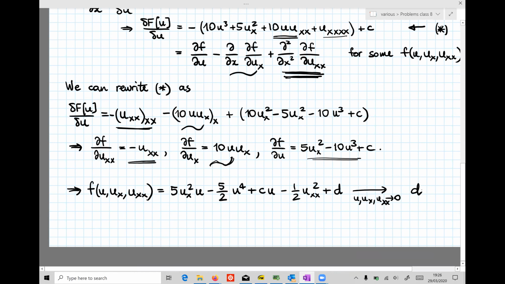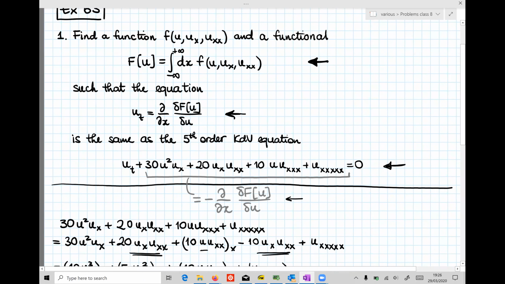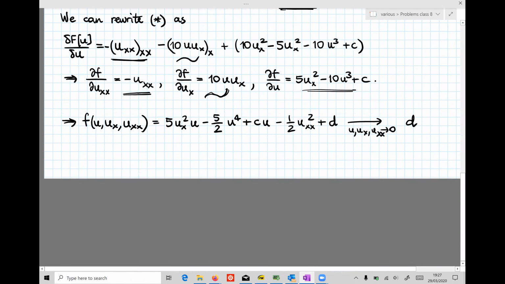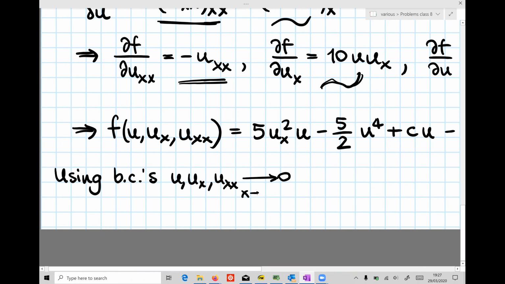So if we want the integral that defines f here to converge using the standard boundary conditions, so using boundary conditions that uxx tends to 0 as x goes to plus or minus infinity.